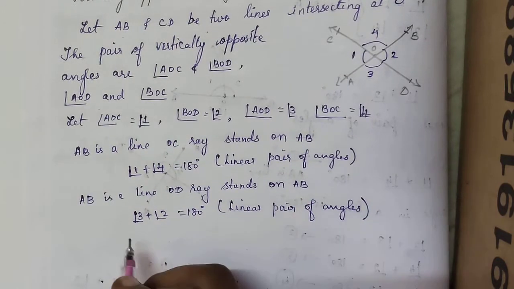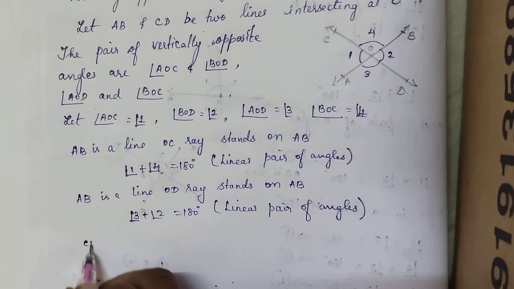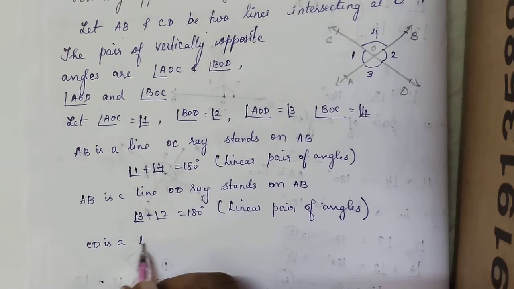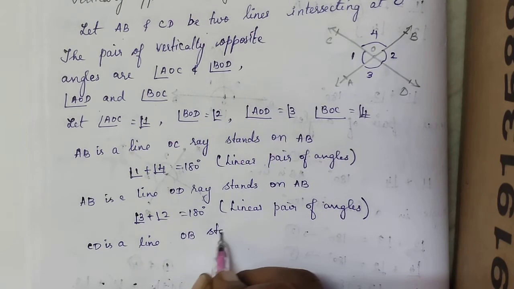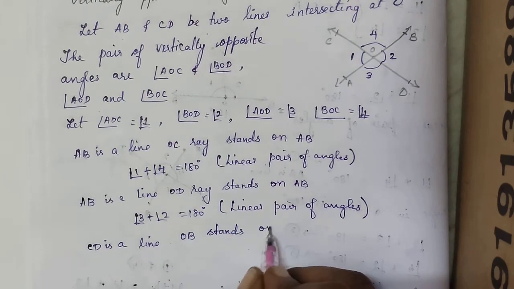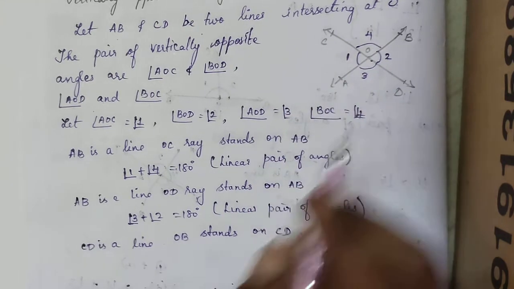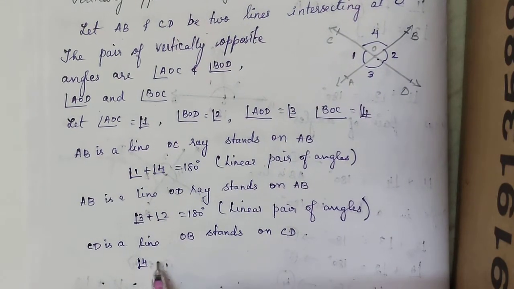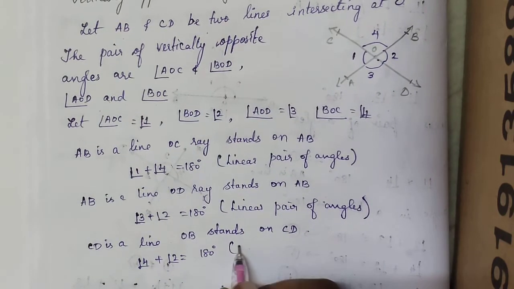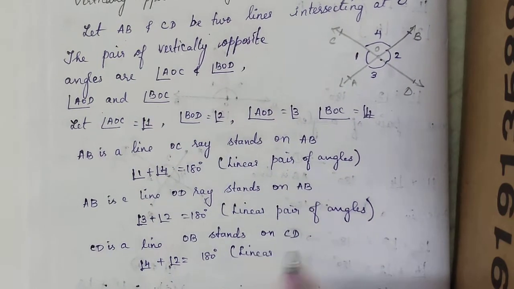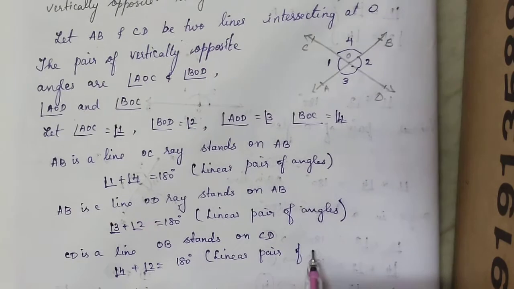Now next, let us take the line as CD. Now CD is a line. OB is the ray that stands on the line CD. If it is so, angle 4 plus angle 2 is equal to 180 degrees. This is a linear pair of angles.